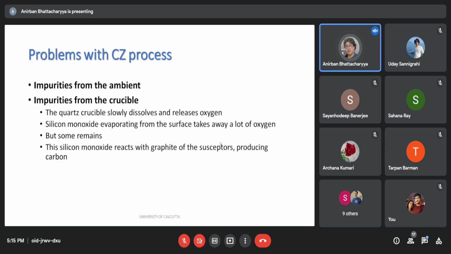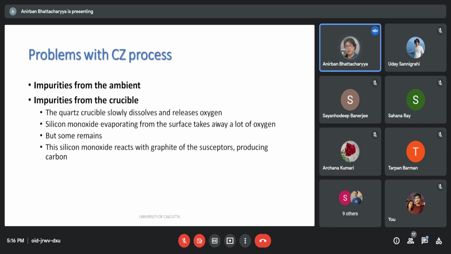And this silicon monoxide which evaporates reacts with the graphite of the susceptor, which is the heater, and produces carbon. So the impurities, carbon and oxygen, stay within the silicon. So the problems are: it does not have uniformity in doping, and it has impurities from the ambient and from the crucible, and these impurities are oxygen and carbon.